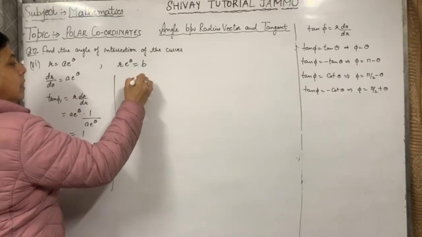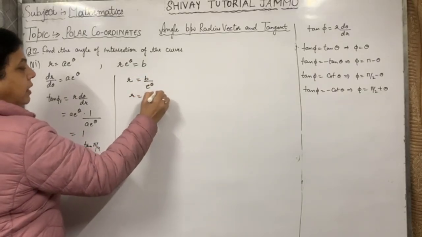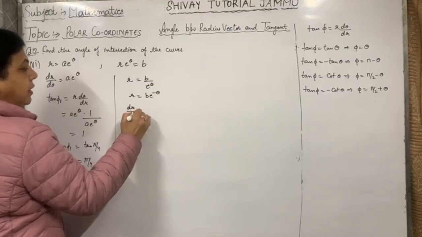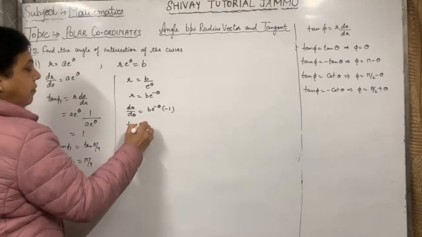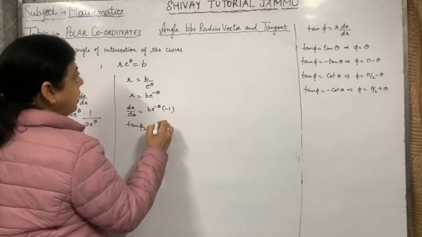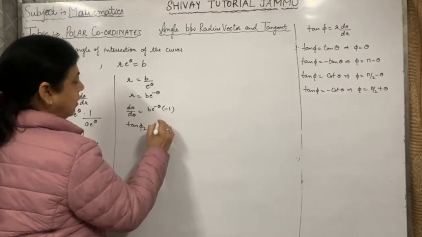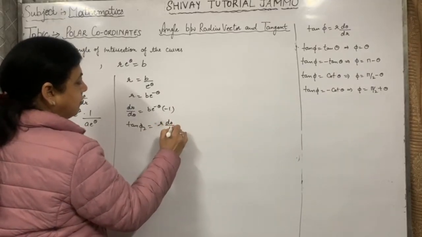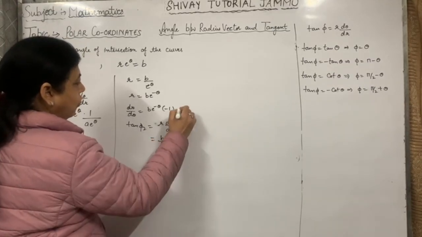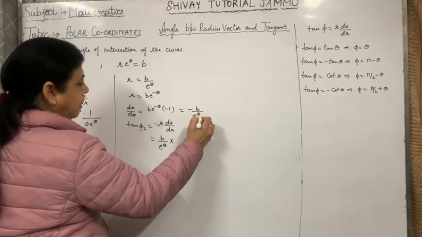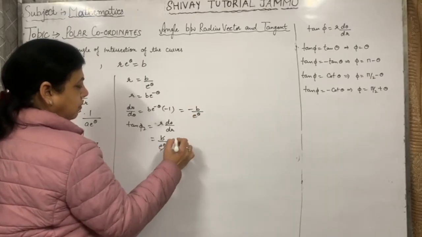r = b/e^θ, so r = b e^(-θ). dr/dθ = b e^(-θ) into minus 1. tan φ2 = r dθ/dr = (b/e^θ) into 1/(b/e^θ), this will cancel, minus 1.